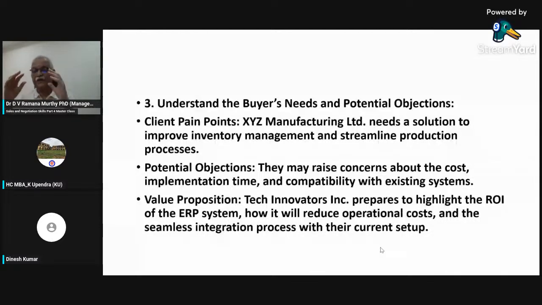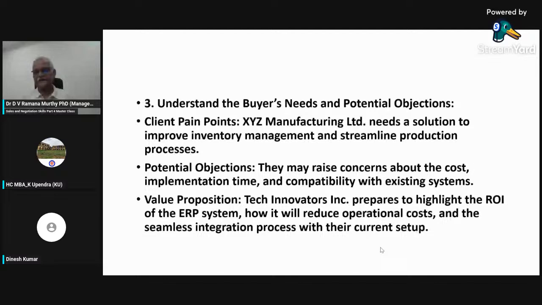See, if you implement this ERP system suggested by us, this is your return on investment. How much return you can get on your original investment at what time, and how it will reduce operational costs of your entire process, like inventory management and production process issues, and seamless integration process with their current setup.